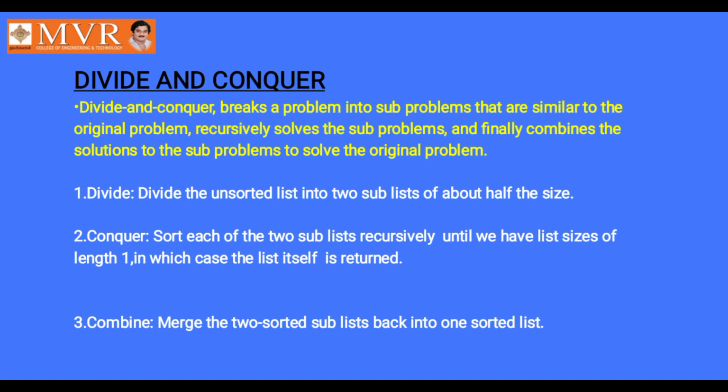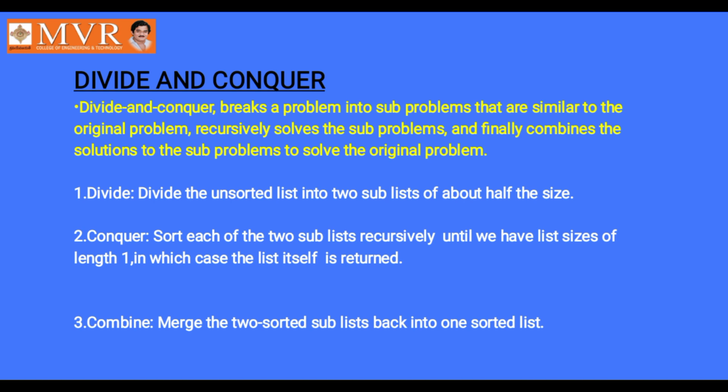Divide and conquer means we will be having a list of elements to be sorted and the list will be broken into two equal halves.